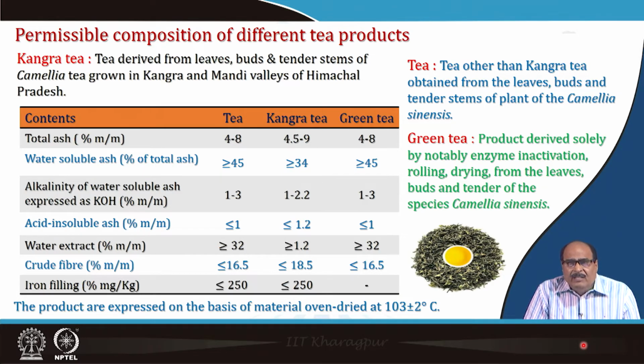Green tea is the product derived solely by enzyme inactivation, rolling, drying from the leaves, buds and tender stems of the species Camellia sinensis. Okay.